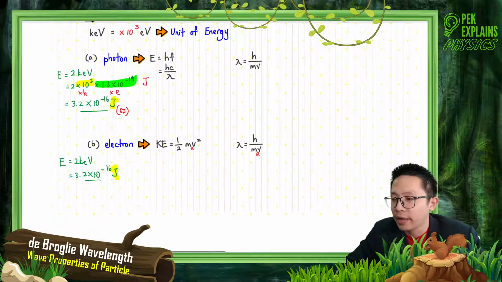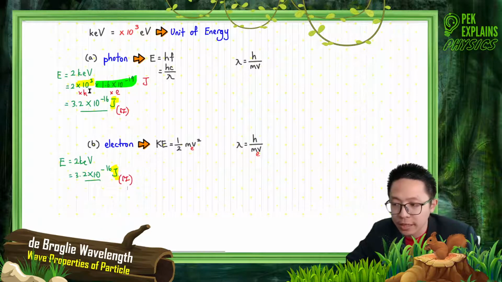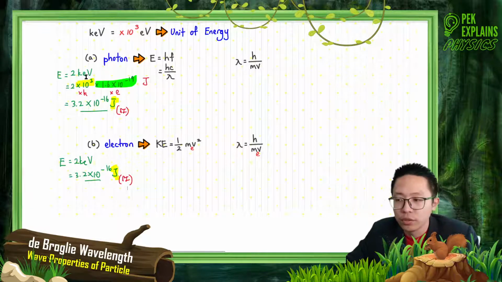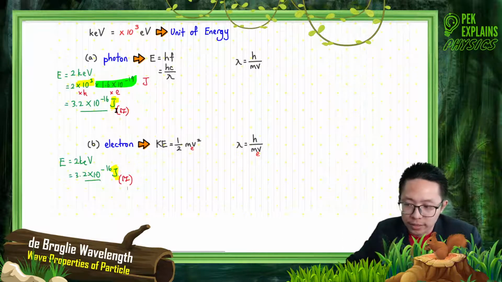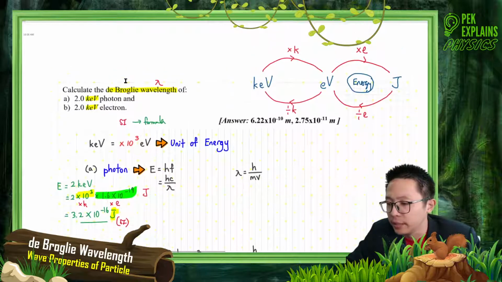Now once I have the energy in SI unit, I can substitute it into the formula. If it's still in kilo electron volt, you cannot substitute into the formula. You must make sure you already turn to SI unit, joule, then only you substitute into the formula. If not, you get the wrong answer. Now let's look at the photon.